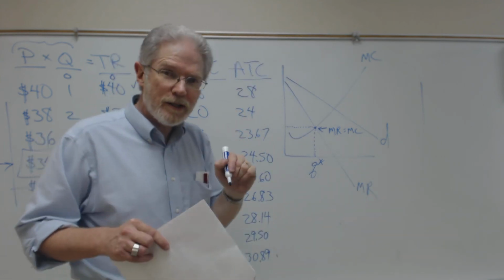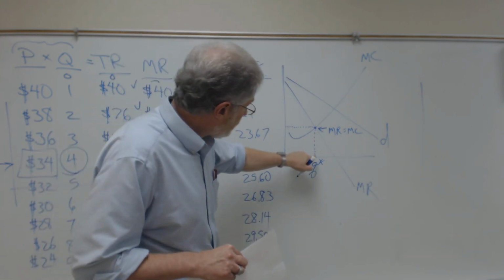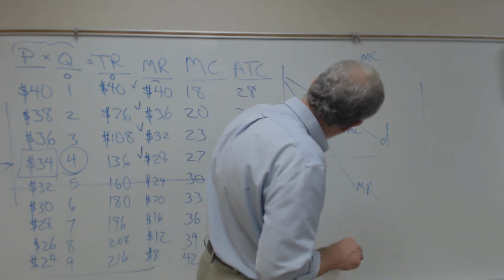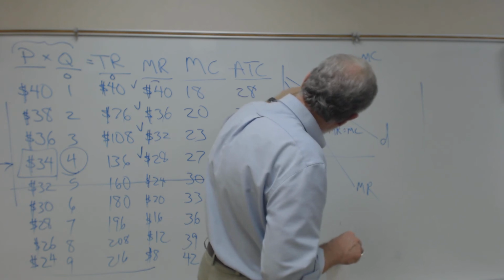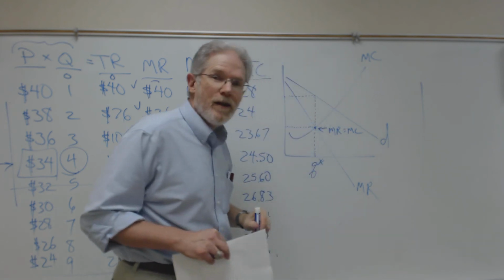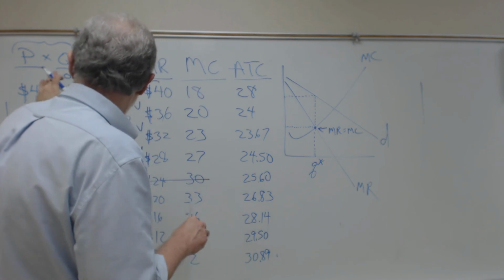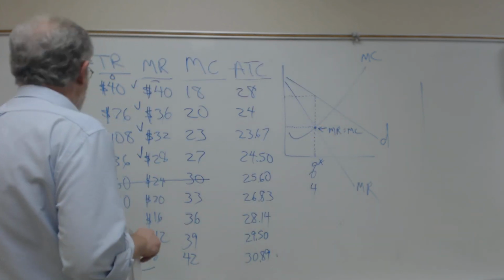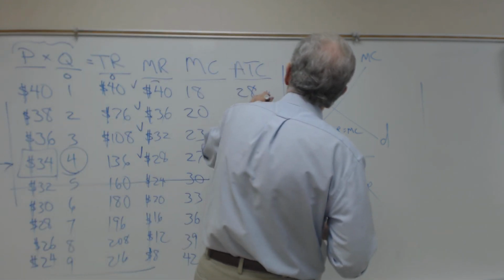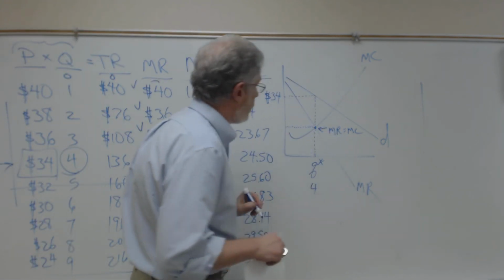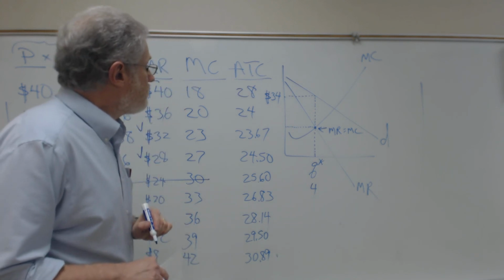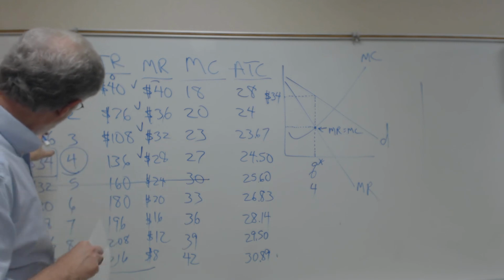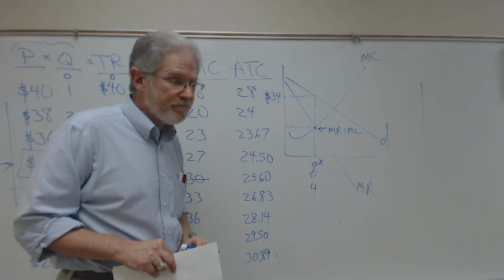To determine the price the firm is going to charge, you look at the quantity it's going to produce and you ask what's the highest price the firm can charge and still sell that quantity. And based on our numbers, the quantity would be 4 and the price would be 34. Okay. So this is simply doing it graphically, whereas this was determining it with numbers.